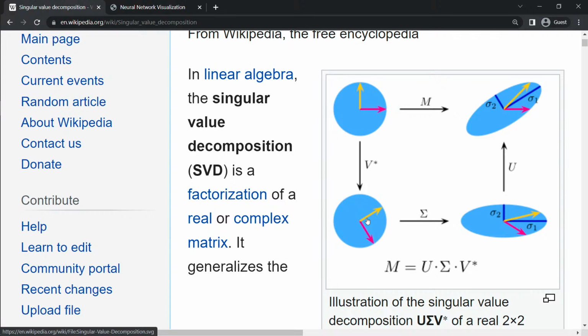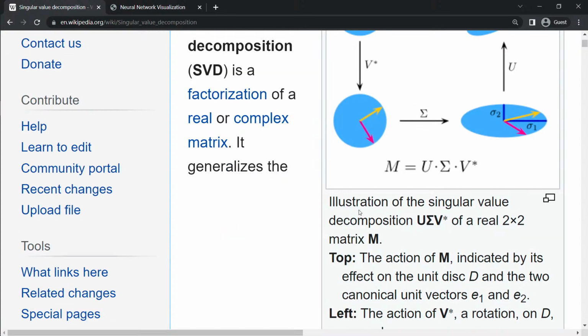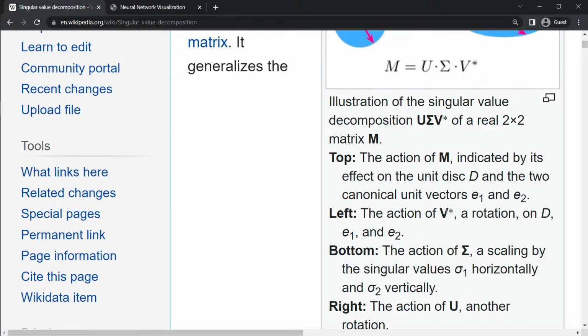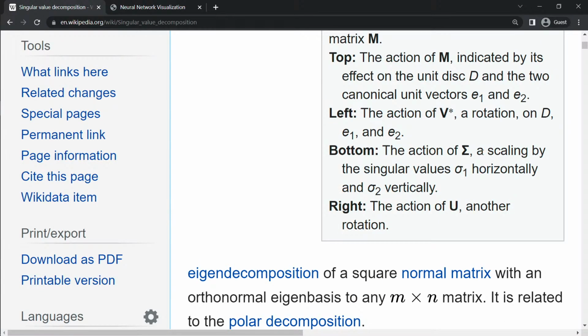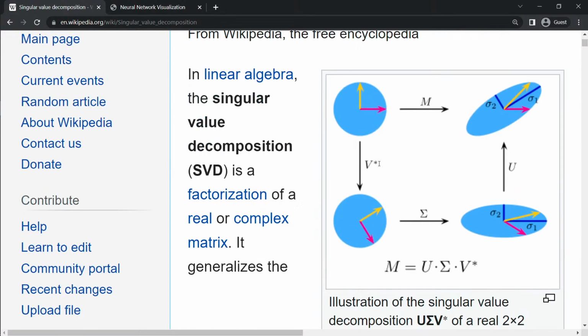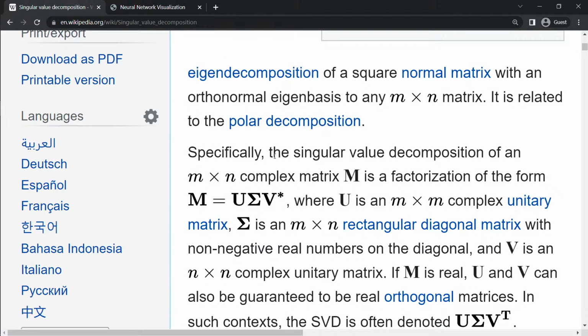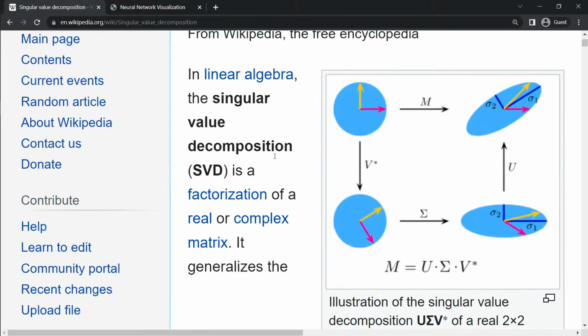and what is this sigma? Like a scaling along the original axes? So V star is rotation, then a scaling by the singular values. Right, so you can think of every linear transform as first a rotation, and then you scale.